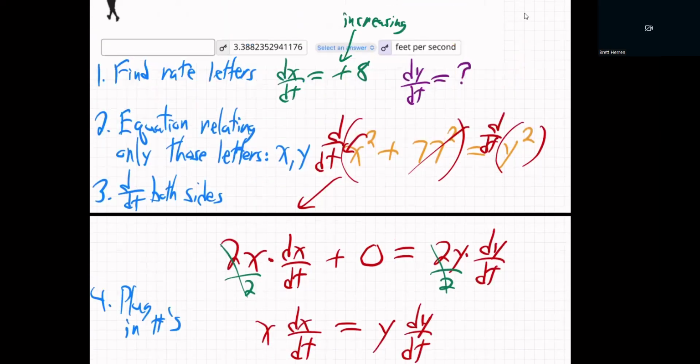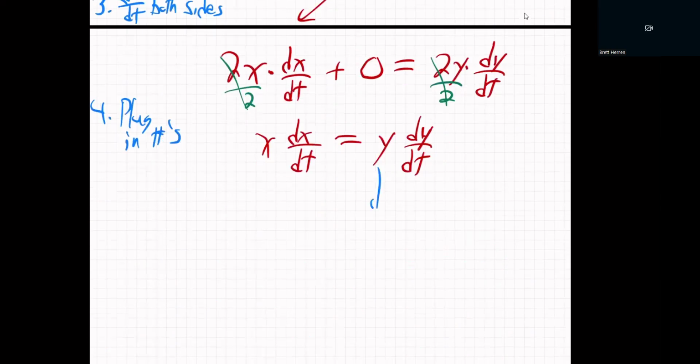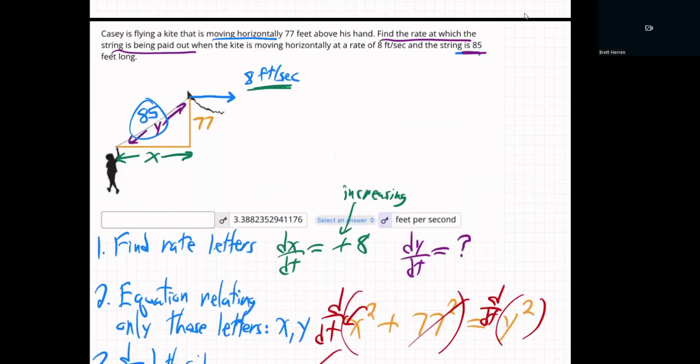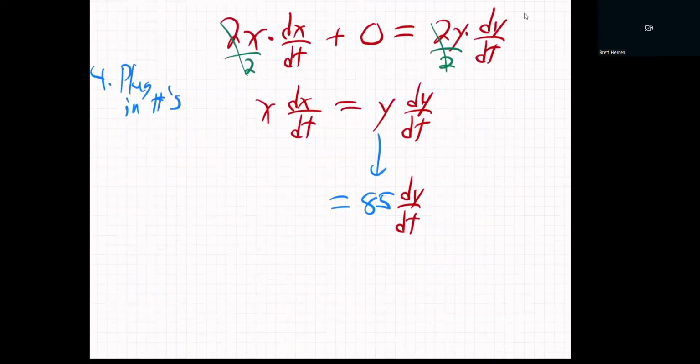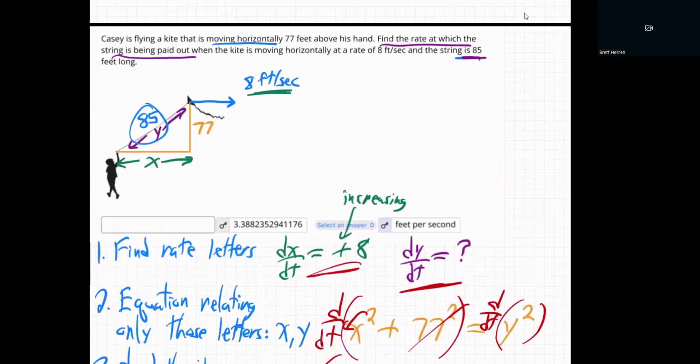So we have y is 85. dy/dt is what we're trying to find. dx/dt is 8. Got that one. So then what's x? Do we have x? Well, we can get x right here.